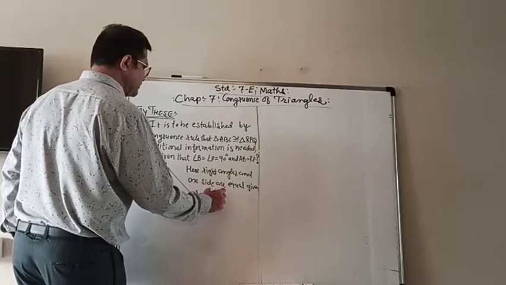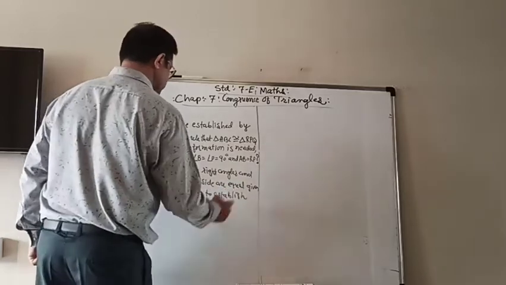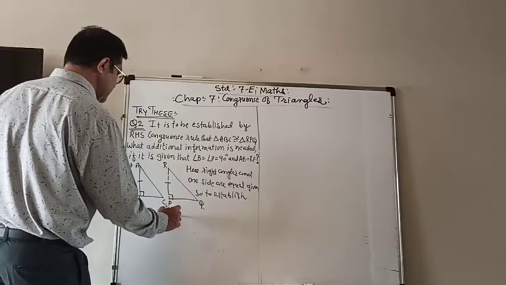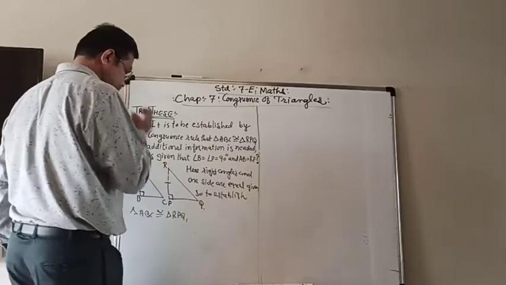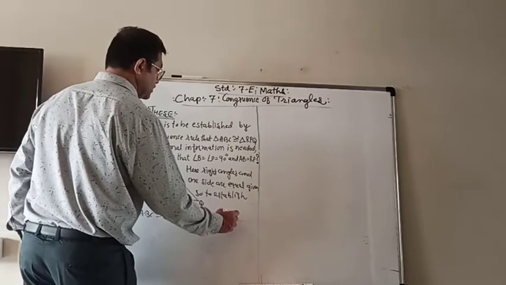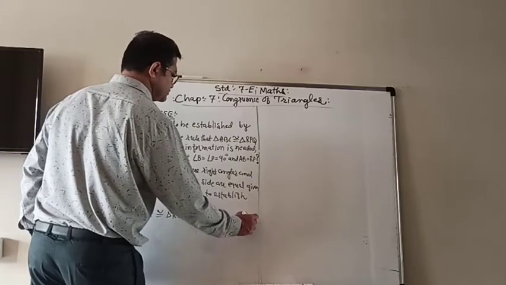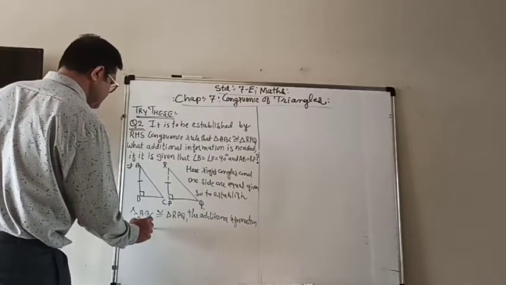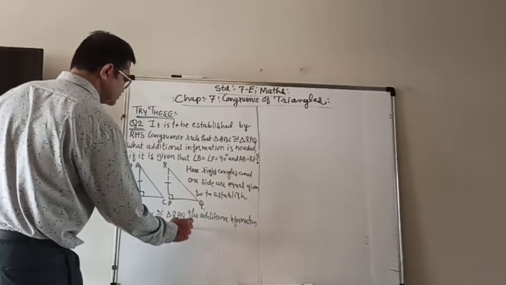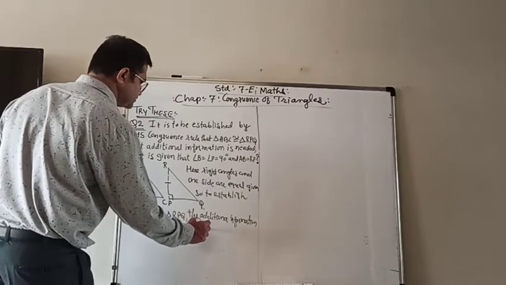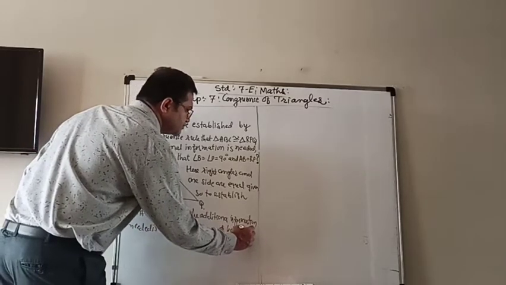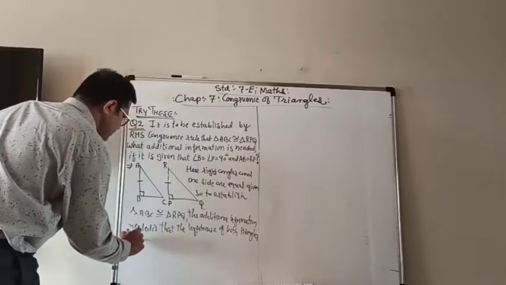So to establish triangle ABC congruent to triangle RPQ, the additional information needed is that the hypotenuse of both triangles must be equal.